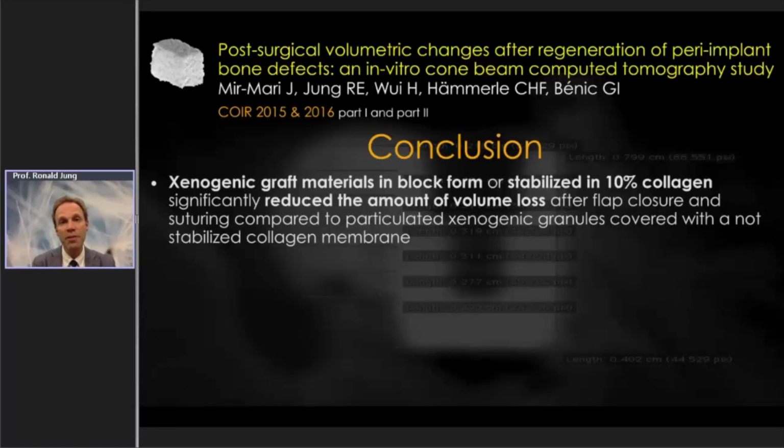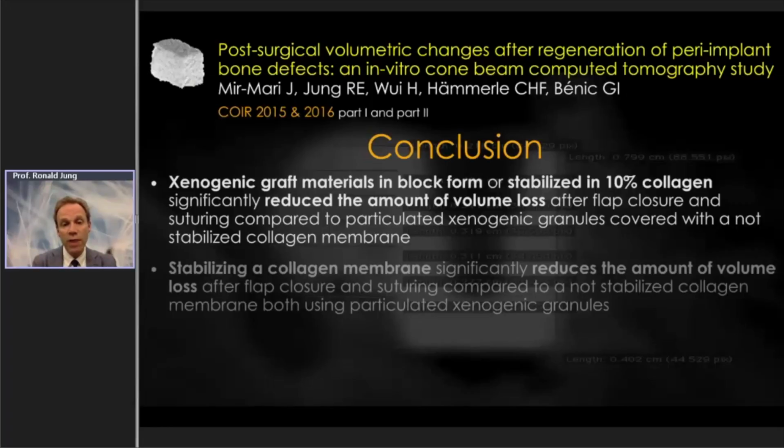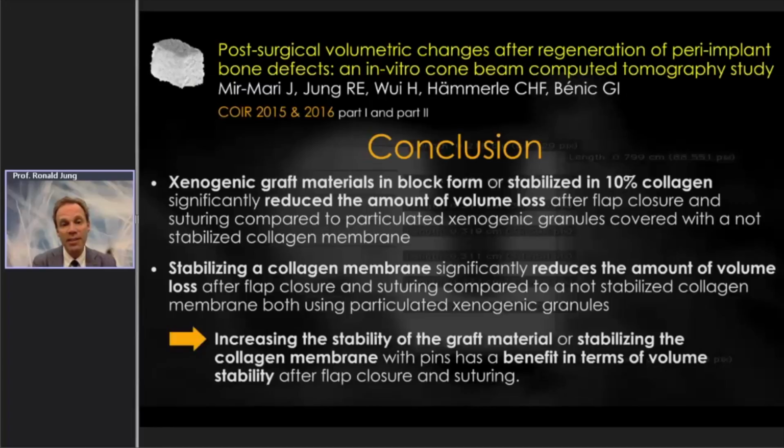In addition, we could recognize that stabilizing the collagen membrane significantly reduced the amount of volume loss after flap closure as well. So finally, we can say that both increasing the stability of the graft material or stabilizing the collagen membrane with pins has a benefit in terms of volume stability after flap closure and suturing.